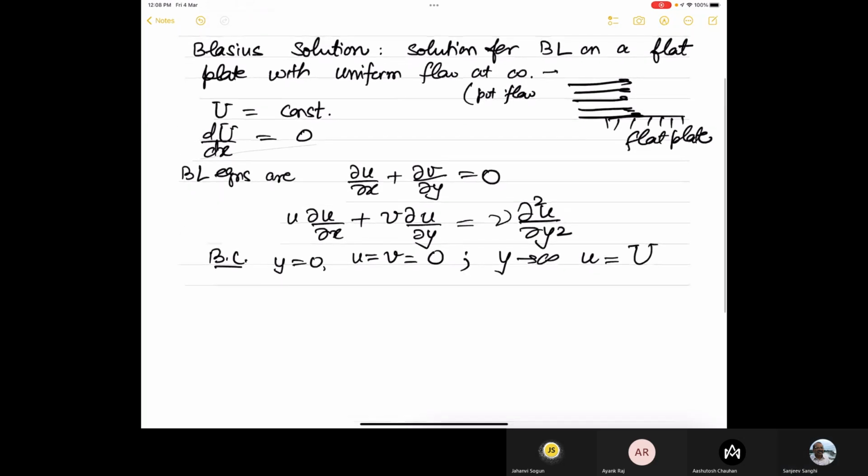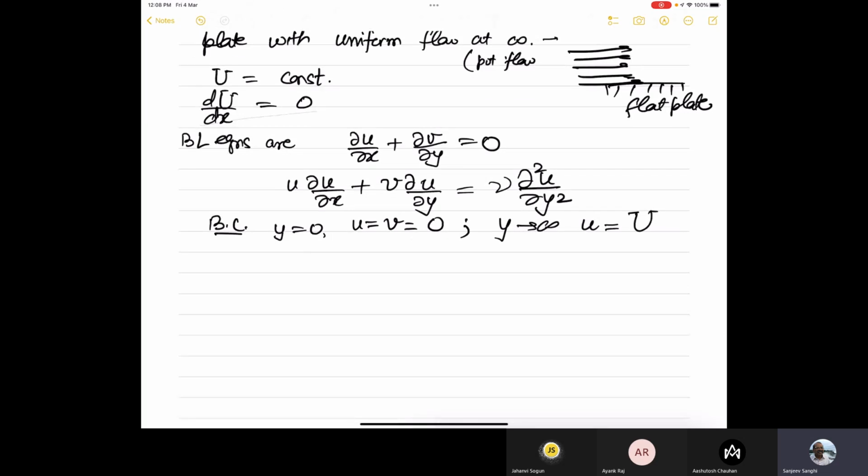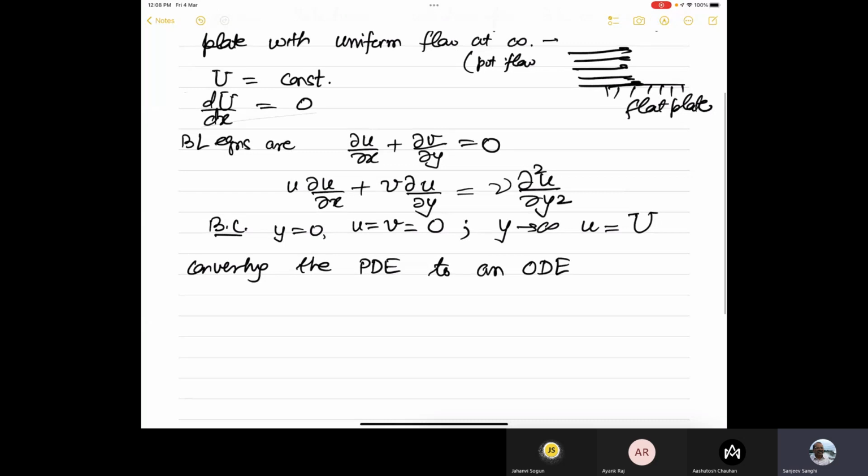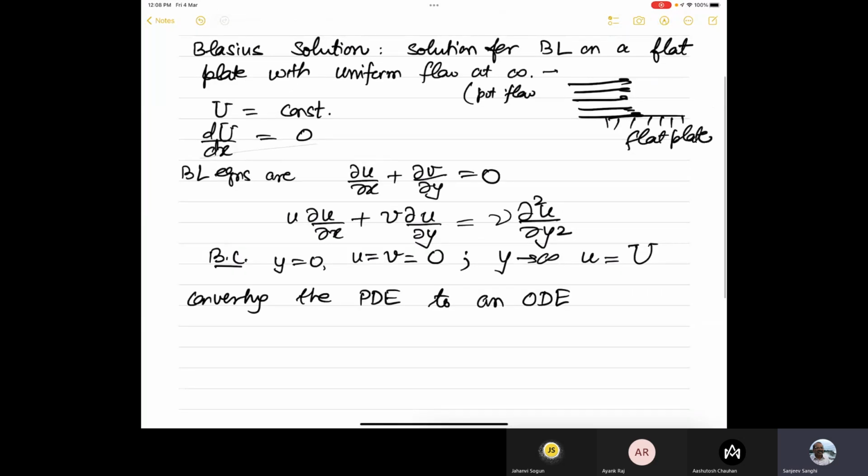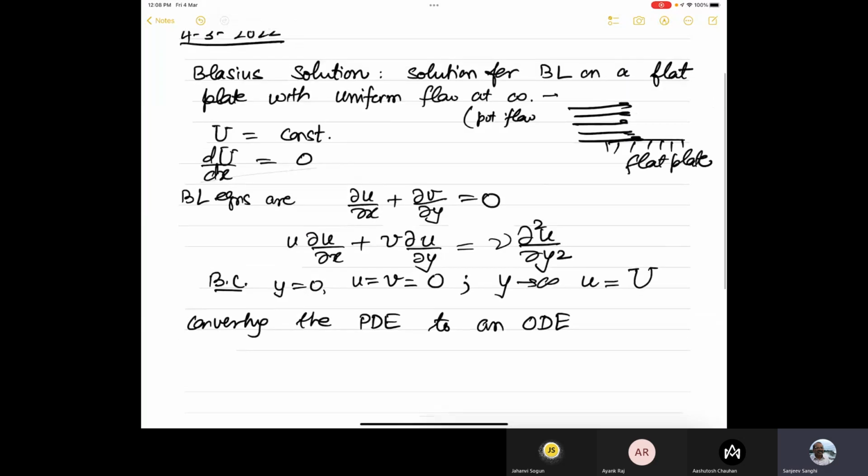Now, the Blasius solution consists of converting the PDE to an ODE. It is not always possible, as we have seen, to do this exercise, but for these equations we can do it.